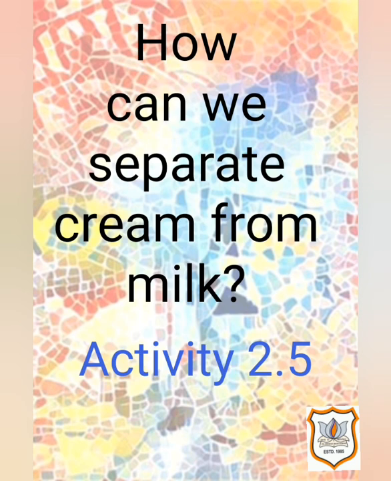Then how does this separation of cream from milk take place? Let us discuss. Separation of cream from milk takes place by centrifugation due to the difference in the densities of particles in milk.